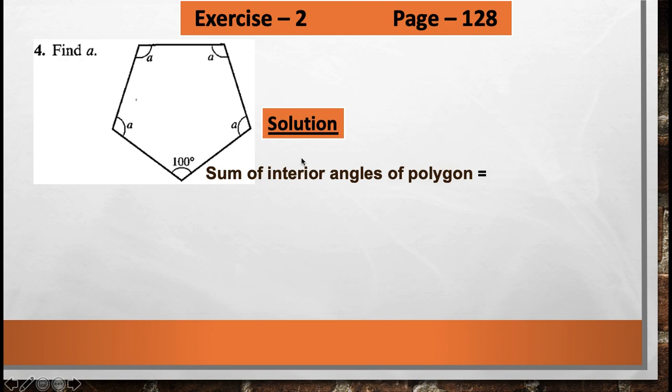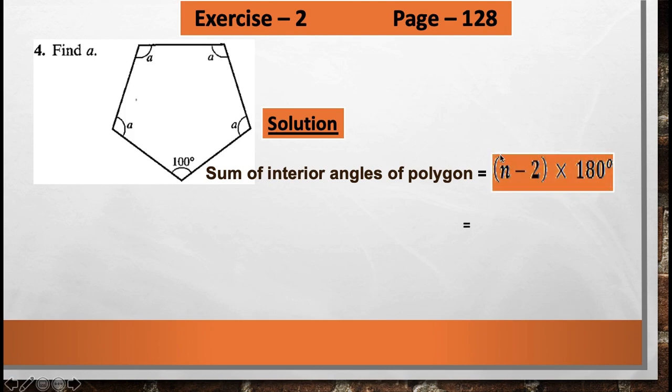In the beginning of the session I spoke to you about the sum of interior angles of a polygon. This pentagon is a polygon, right? So I gave you a formula to find the sum of interior angles of a polygon. It is (n minus 2) into 180, where n represents the number of sides.